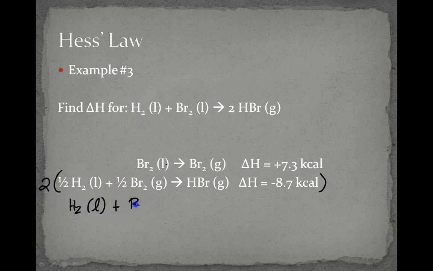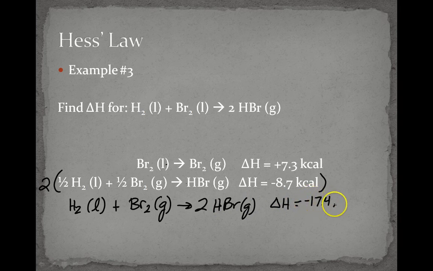Half times 2, again, would be 1, so we'd have 1 bromine gas. And that would make 2 times 1, 2 HBrs. And the delta H value would end up getting doubled. So negative 8.7 times 2, that's negative 17.4 kilocalories. So that's exothermic. So we'll cross this out so we know that we have used that and changed it.